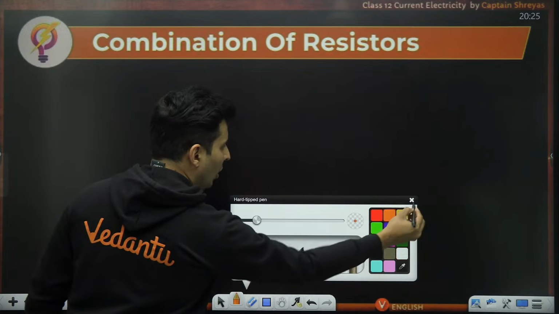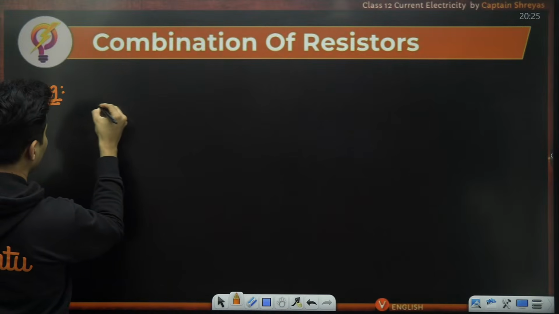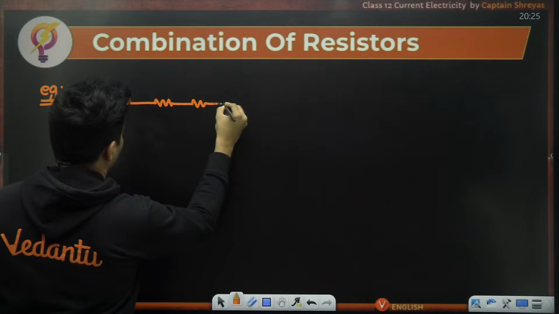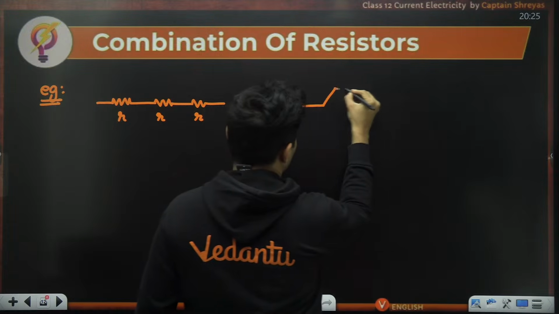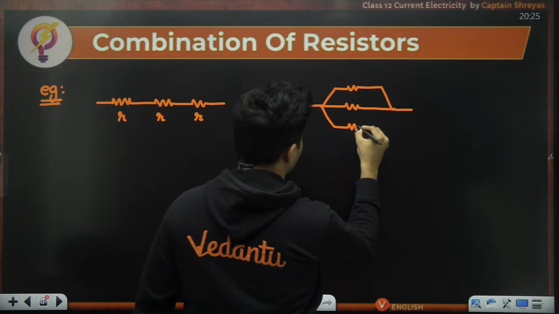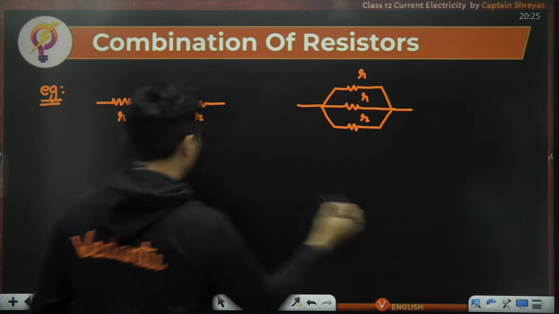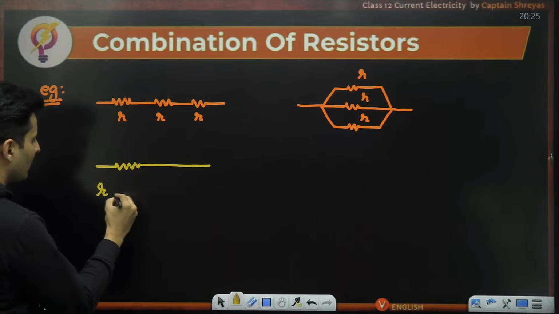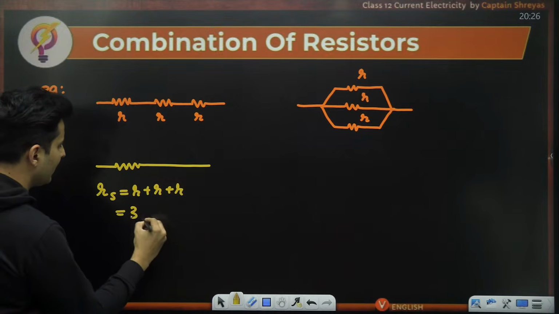Now, often you are given two resistors in parallel and then you have to quickly find the equivalent. See, when you have the same resistors in series versus the same resistors in parallel, then it is very easy to find the equivalent. Like for this particular scenario, because they are in series, the equivalent resistance will be R plus R plus R, which is basically 3R.